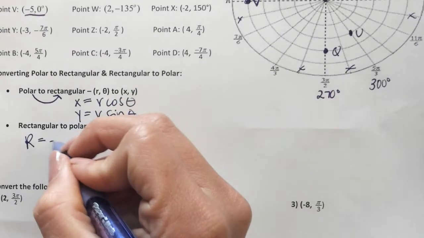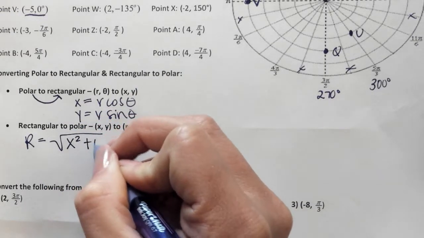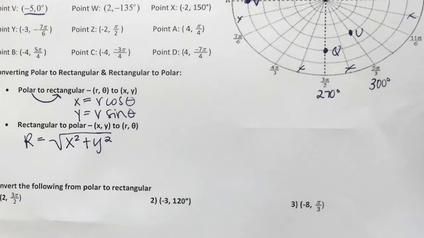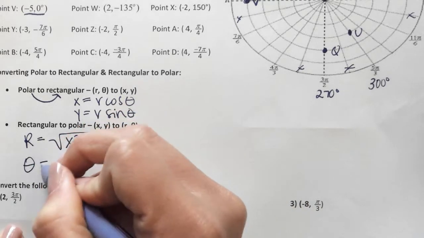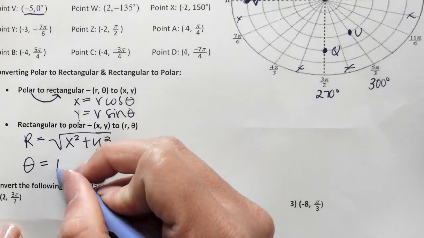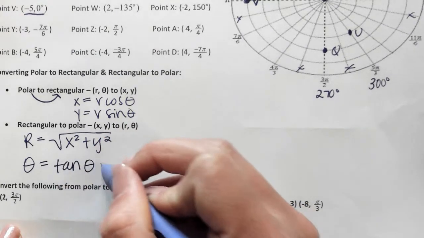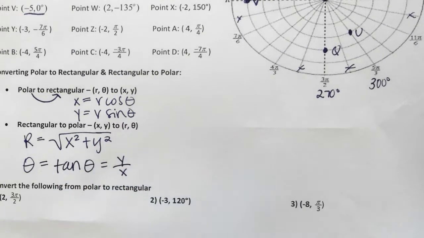Good, which is the square root of x squared plus y squared. So that's how we find R. It's really x2 minus x1 squared plus y2 minus y1 squared. But with this, you know you only have one x value and one y value. And then theta, to find that angle that we need, it's just going to be tangent. You're going to take tangent theta, which is the same thing as y over x. Sine over cosine. Remember, sine is your y, cosine is your x.